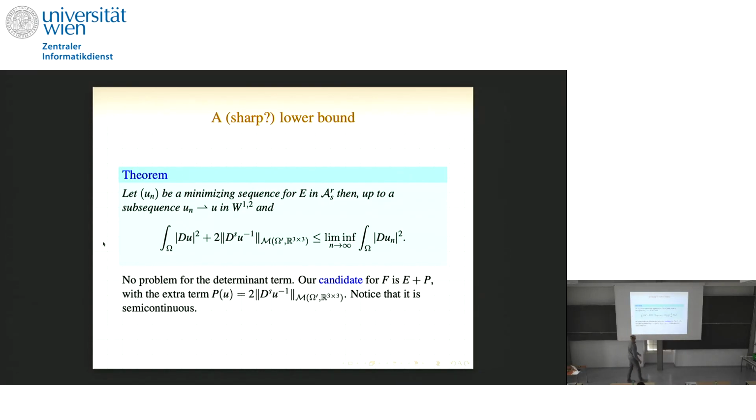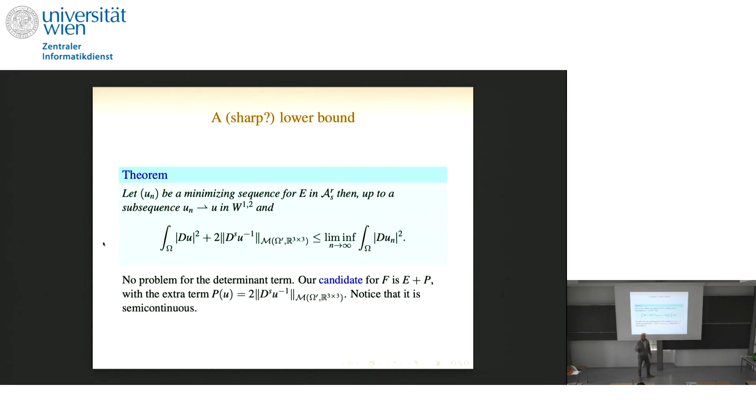I want to show you that it's not just that you control the gradient with the gradient, but you have this more: this additional energy given by the concentration in the inverse. This was your question for Carlos.